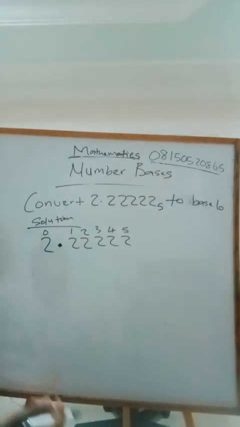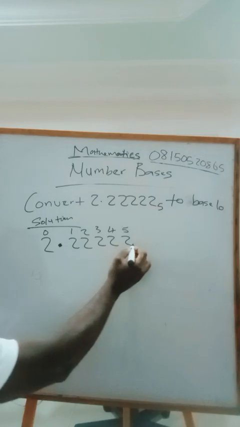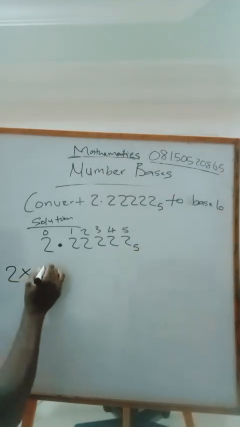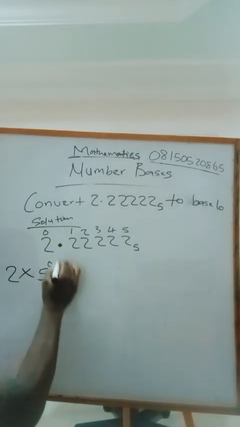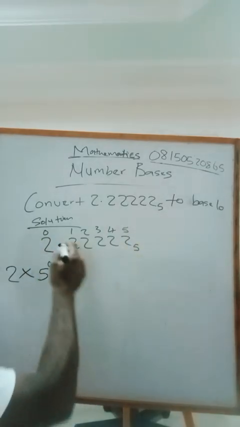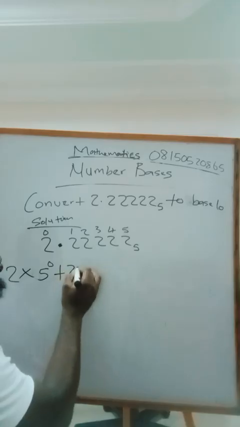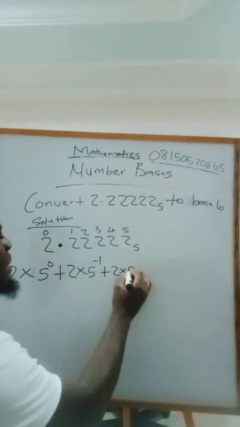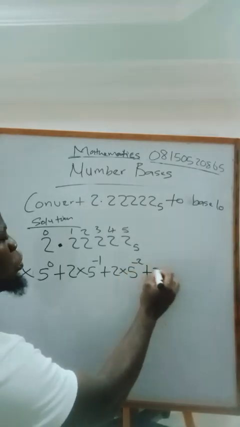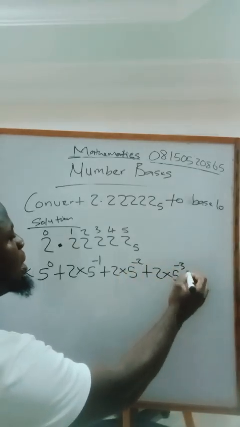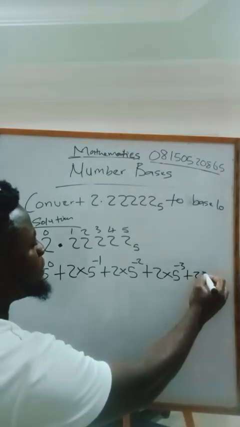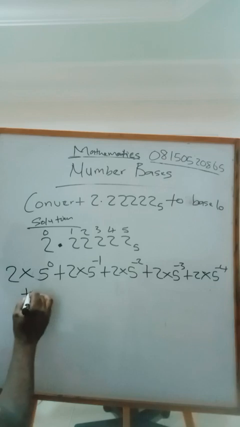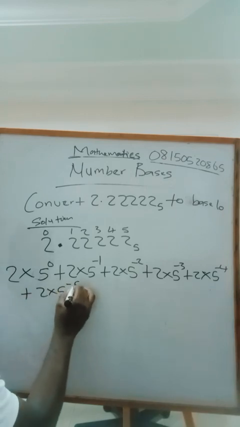And don't forget this is base 5. So we now have 2 times 5 raised to power 0, plus 2 times 5 raised to power minus 1, plus 2 times 5 raised to power minus 2, plus 2 times 5 raised to power minus 3, plus 2 times 5 raised to power minus 4, plus 2 times 5 raised to power minus 5.